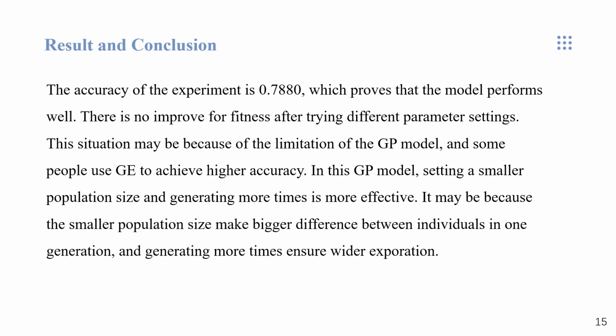In this GP model, setting a smaller population size and generating more generations is more effective. It may be because the smaller population size makes bigger differences between individuals in one generation, and generating more generations ensures wider exploration.